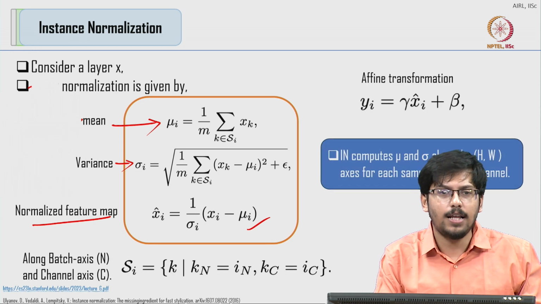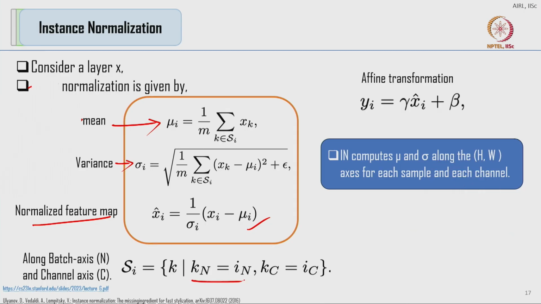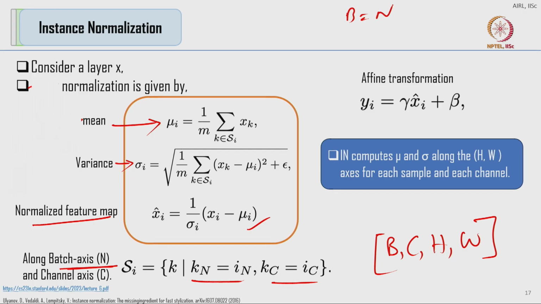Now for instance normalization, this is across the N and C axes. So if I again write my feature map in this particular equation, which is batch size, channel, height, width, and again the batch axis is given as B. We already have defined that B and N are similar.